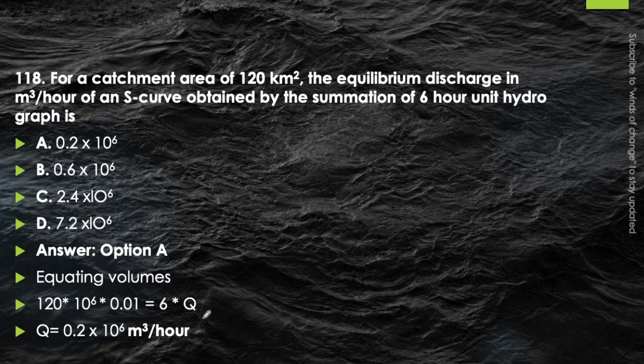This will be equal to the discharge, that is Q, which was asked in the question, into the number of hours of the supply. So the Q that will be obtained will be 0.2 into 10 raised to power 6 m cube per hour. That is option A, the correct answer. This will be the equilibrium discharge.